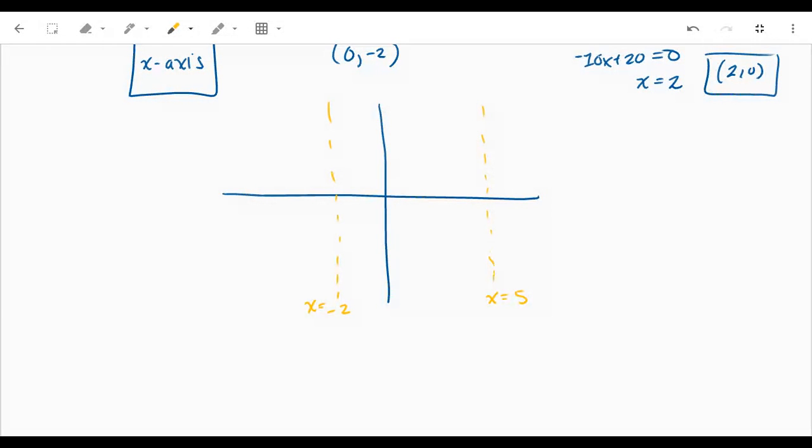Your asymptote at the x-axis. Your intercept at (0, -2). And then we also have an intercept at (2, 0).